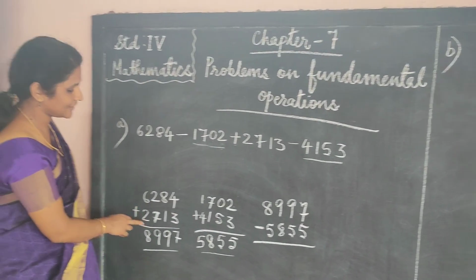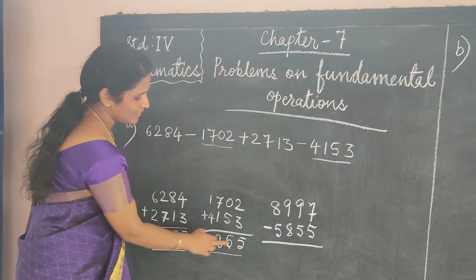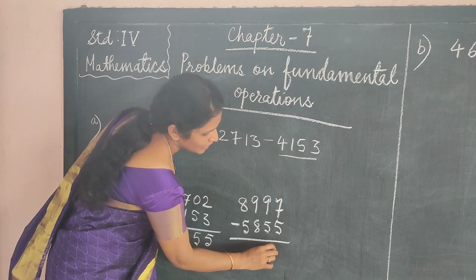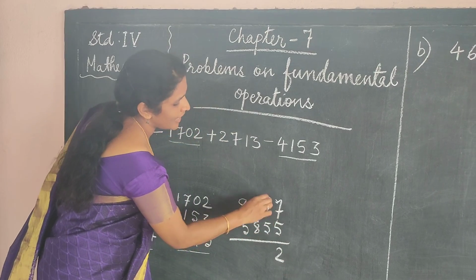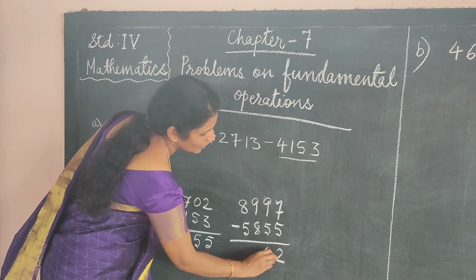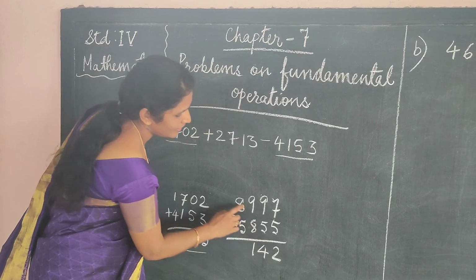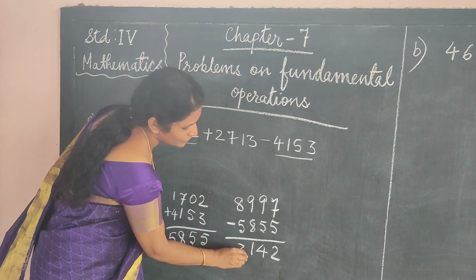From the first answer, we have to minus the second answer. 7 minus 5, 2. 9 minus 5, 4. 9 minus 8, 1. 8 minus 5, 3.